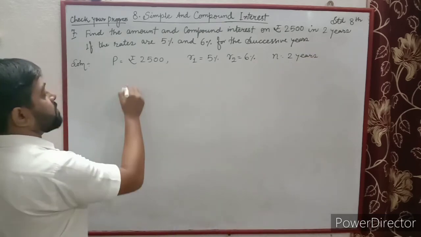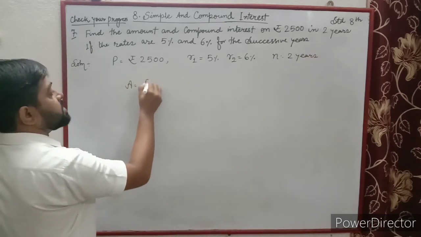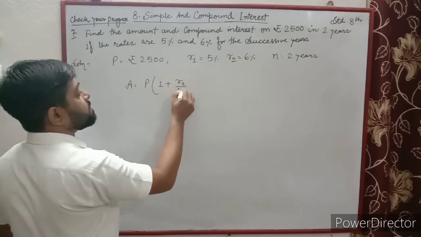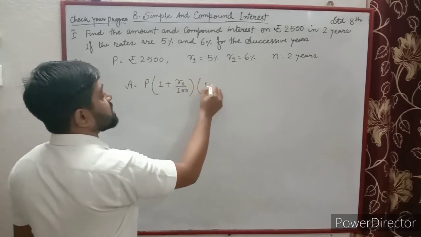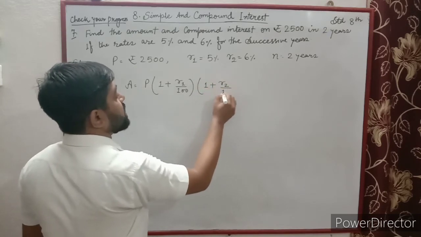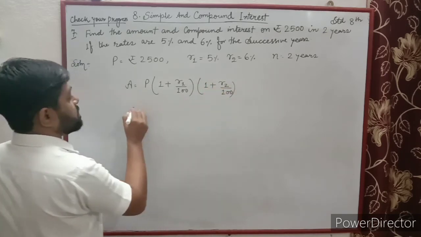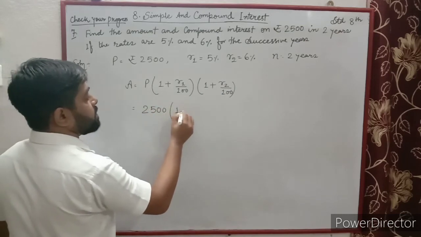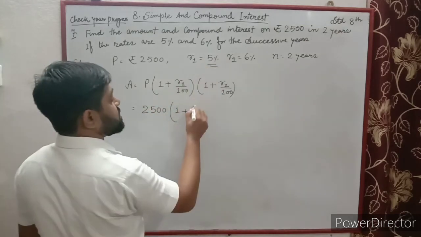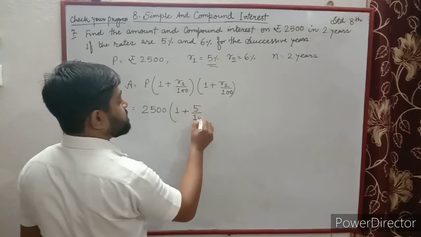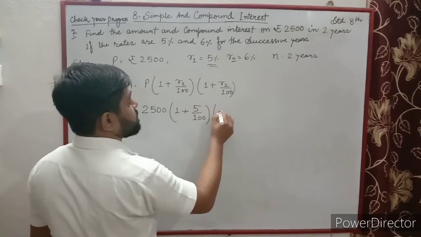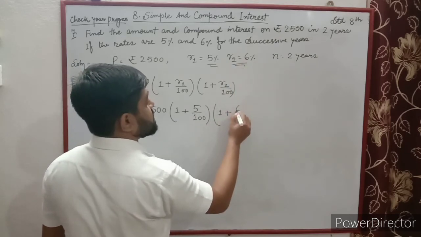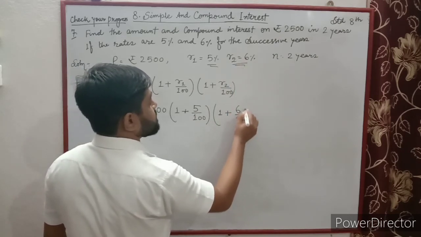So we can apply the formula: amount is equal to principal into (1 plus R1 by 100) into (1 plus R2 by 100). Now principal is given 2,500 rupees. 1 plus R1 is given 5%, so 5 by 100, again multiplied by 1 plus R2 is given 6%, so 6 by 100.